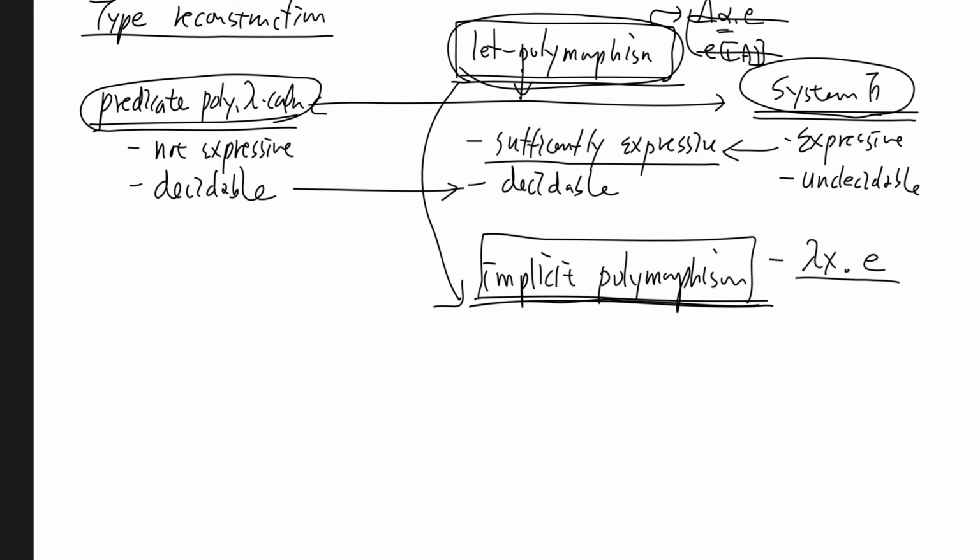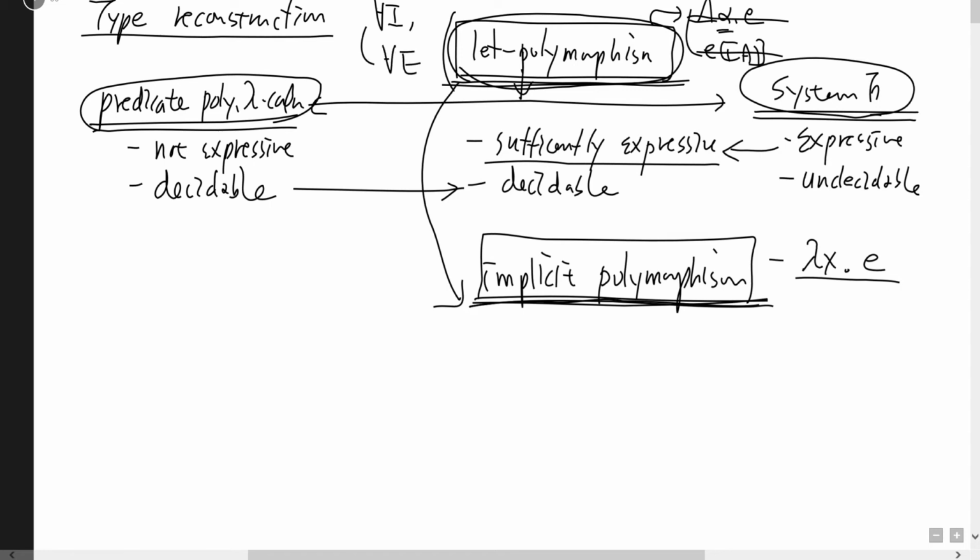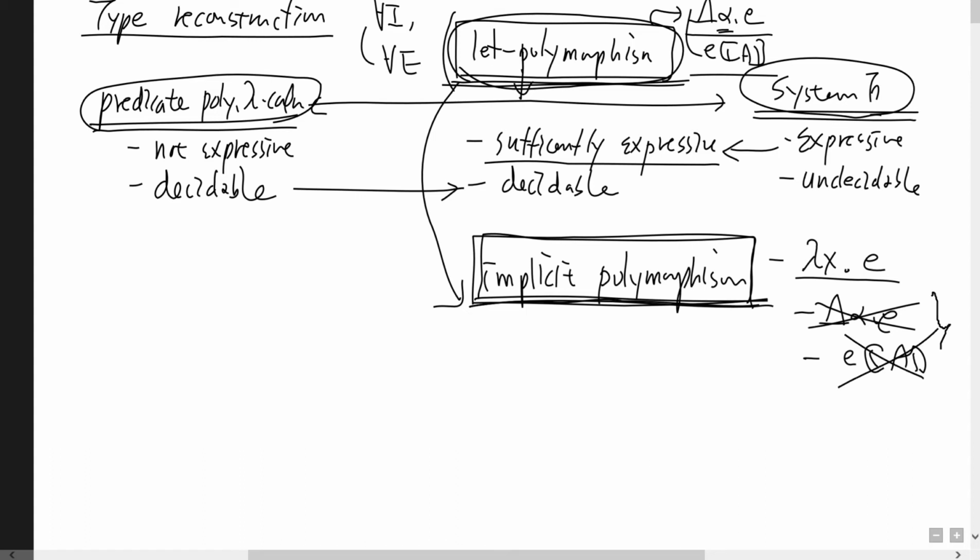Another noticeable change when we transition from let polymorphism to implicit polymorphism is that, in let polymorphism, we have an introduction rule and an elimination rule, because we have type abstraction and type application. But in implicit polymorphism, we don't have type abstraction and type application, so these are gone.